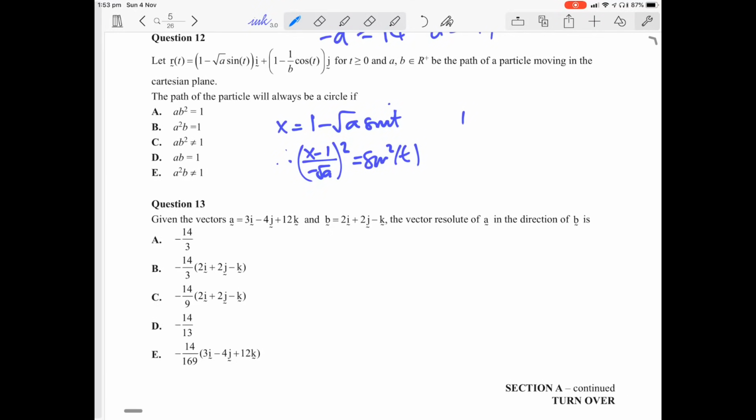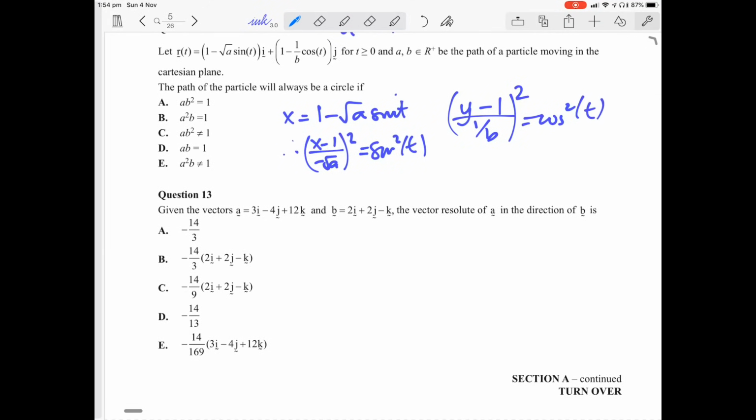And then y minus 1 divided by 1 on b, but it's negative, but that doesn't matter because we square it, equals cos squared t.